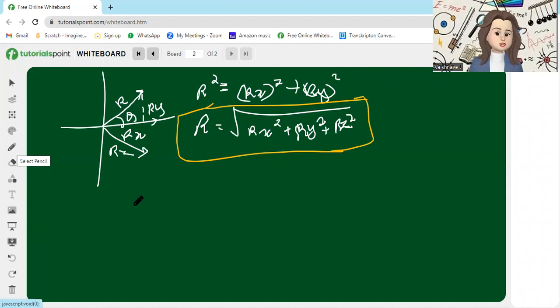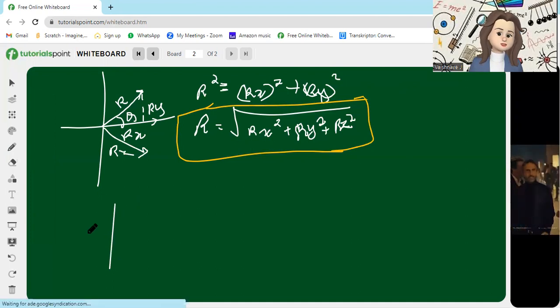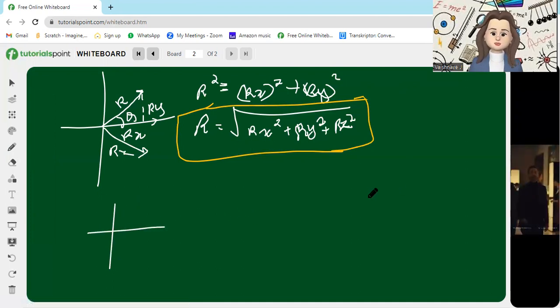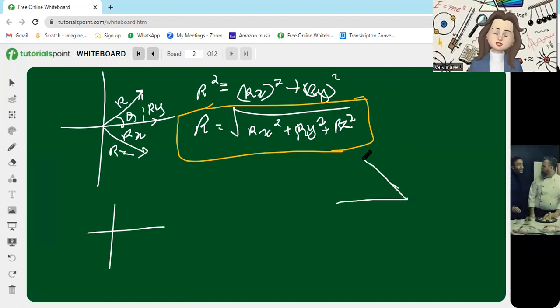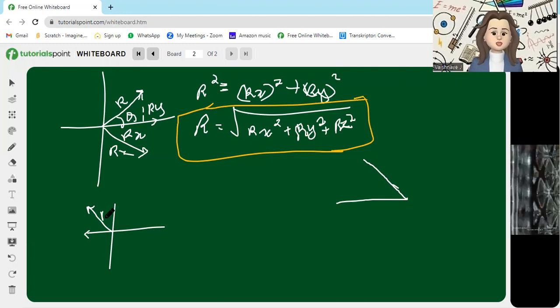But there's also one more point which I wanted to tell. When they give you a triangle like this, a triangle is nothing but a vector. Let's say a vector here. They are asking you to calculate the angle between R and Rx.